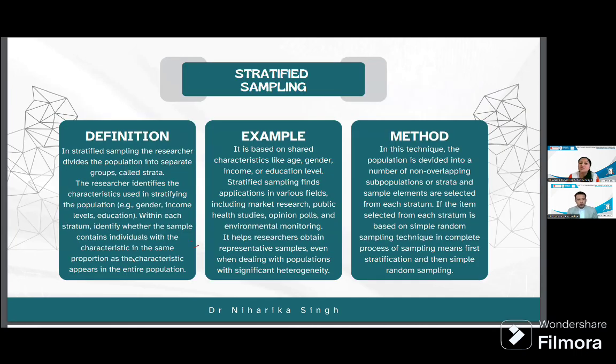Next, we come to stratified sampling. For stratified sampling, I must know about the population, and thereby I categorize the population into strata, so into certain categories. It can be anything, say gender, income, levels of education, and so on.